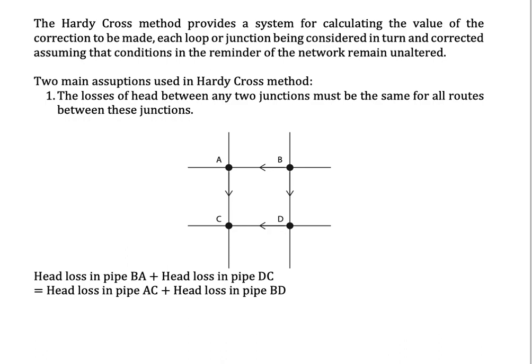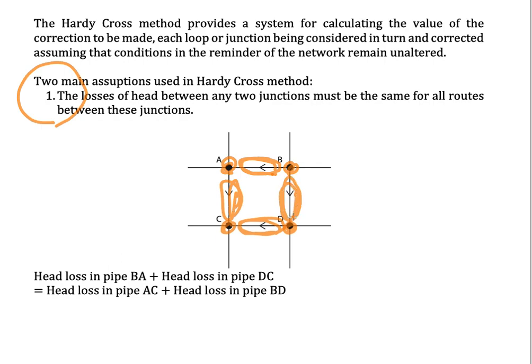For example, for condition number one here, we have a pipe network of A, B, C, and D. Then we need to imagine that the head loss in pipe BA plus the head loss in pipe DC must be equal to the head loss in pipe AC plus the head loss in pipe BC.